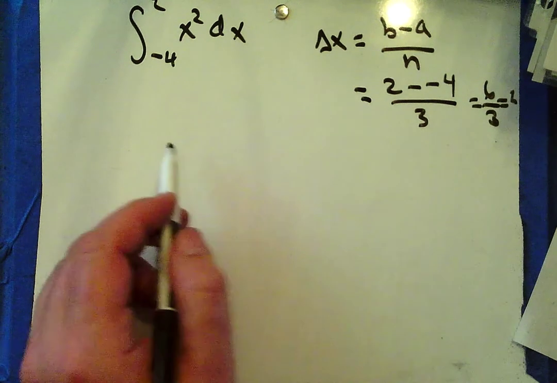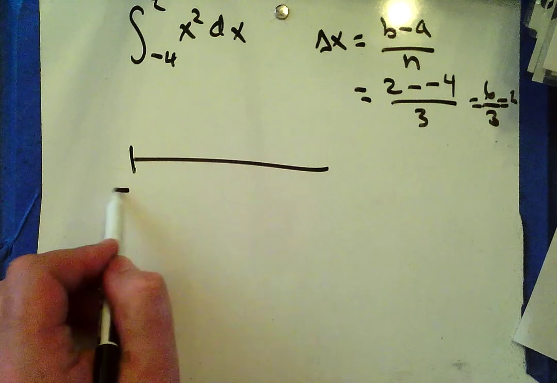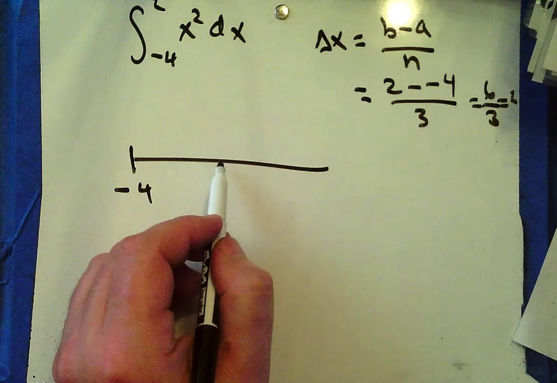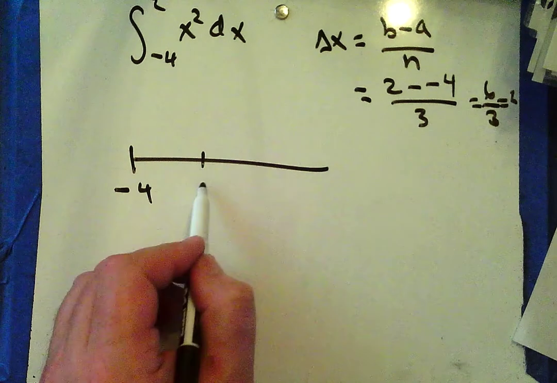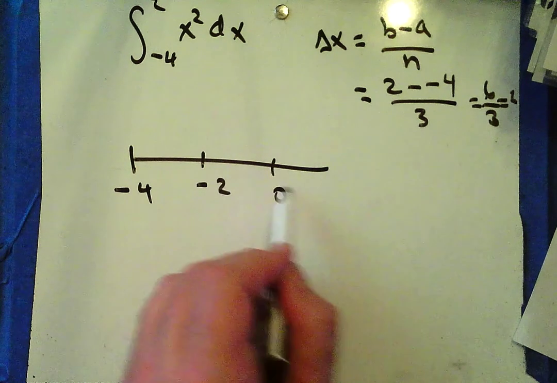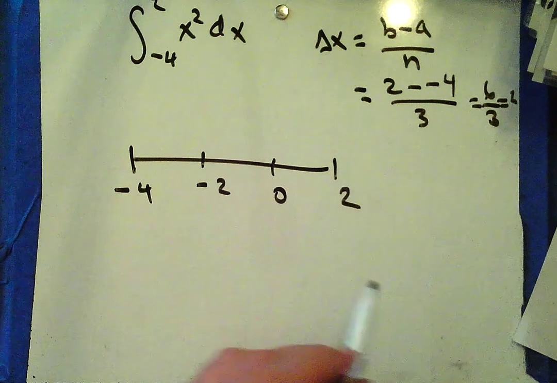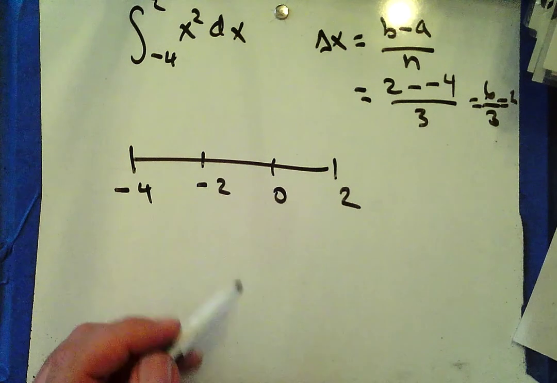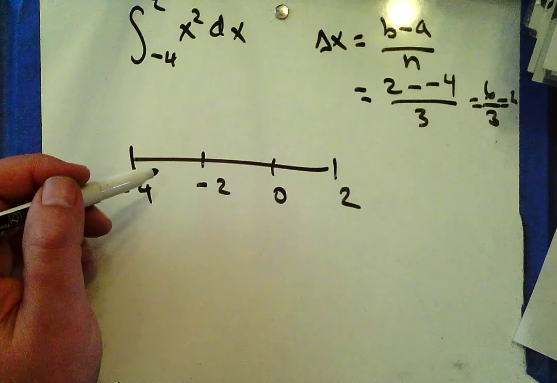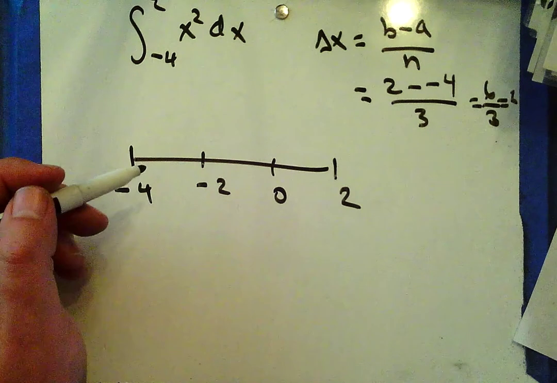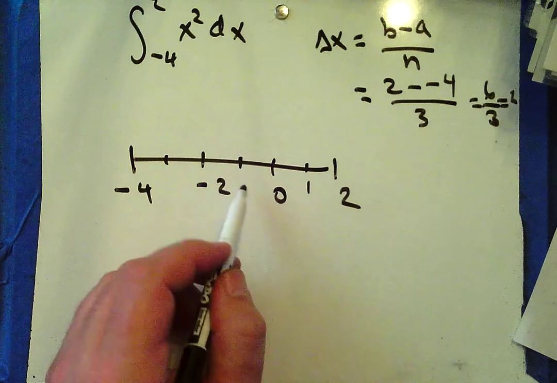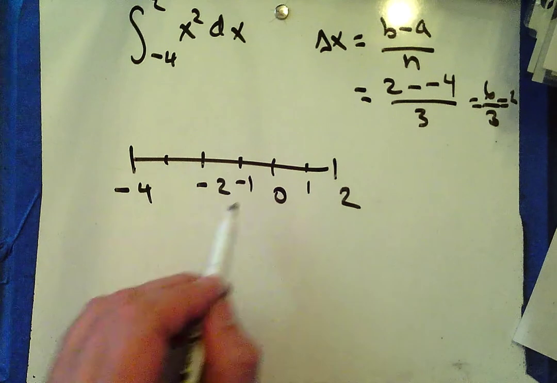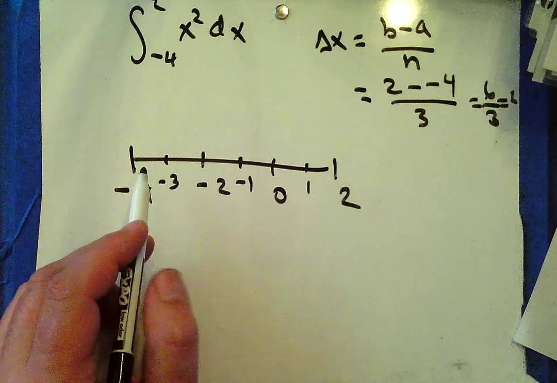Okay, so I'm going from -4 to -2 to 0 to 2. Those are my 3 subintervals, and I want a midpoint sum approximation. So I want halfway across these intervals. I want 1, I want -1, I want -3.